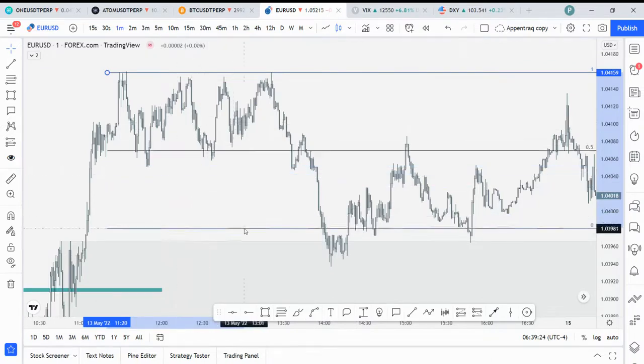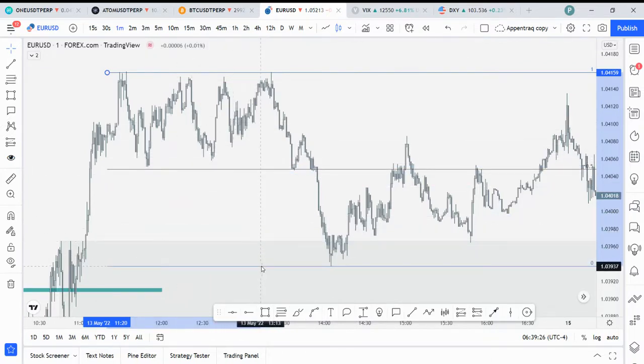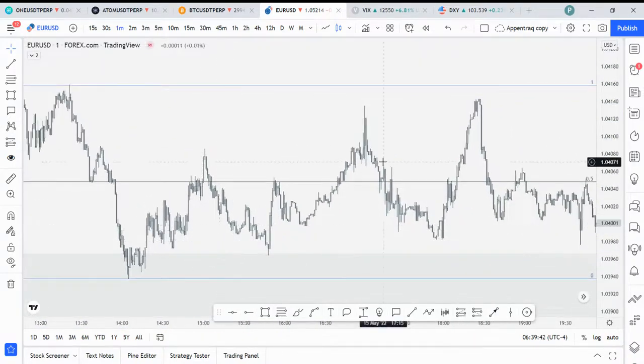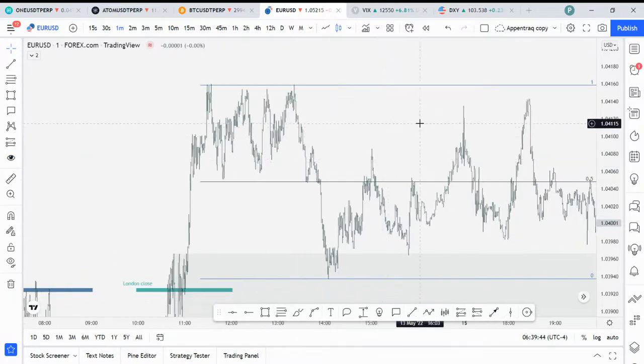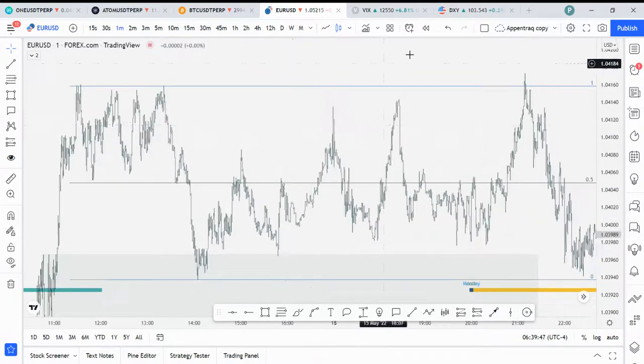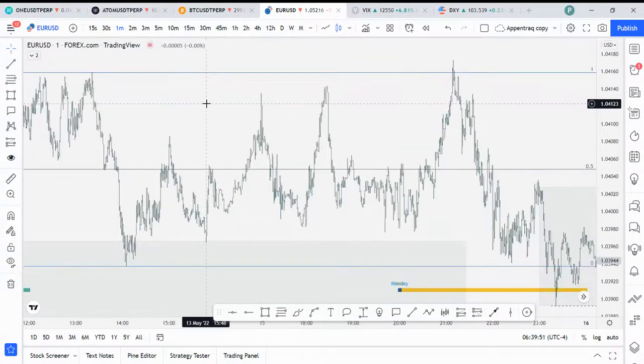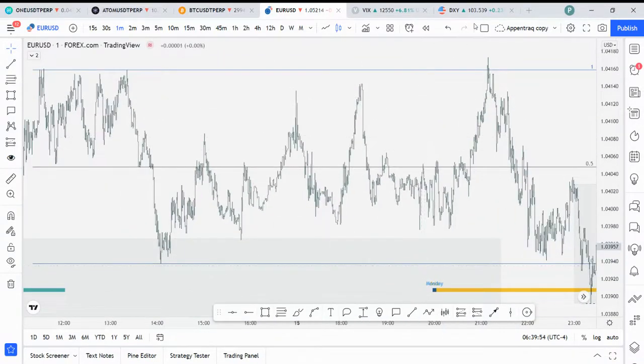This becomes, you extend the range, and you try to see if at the 0.5 level there were reactions. So you can see that there were reactions at the 0.5 level. See reaction here, reaction there, and you just wait for the range high for continuation. For continuation, the range high will be swept and the range low will be swept. For reversal, the range low will be swept, the range high will be swept, and price continues downward.